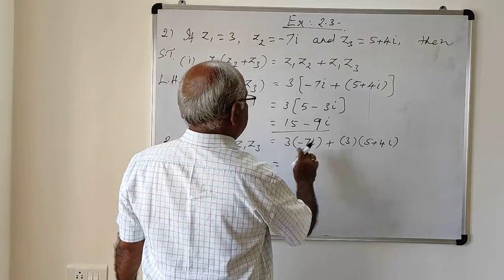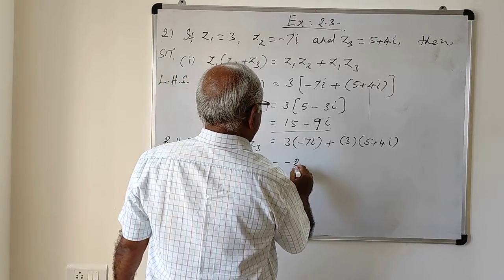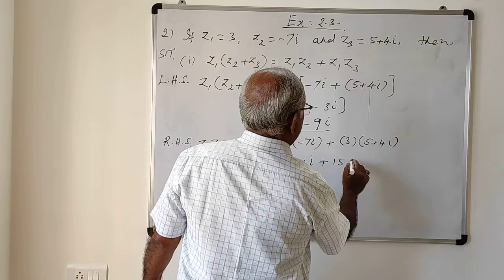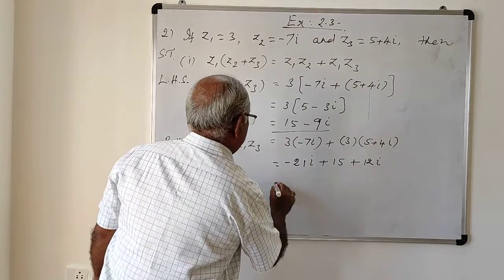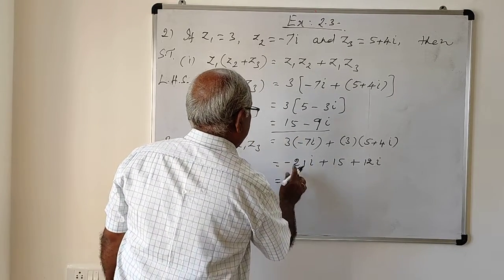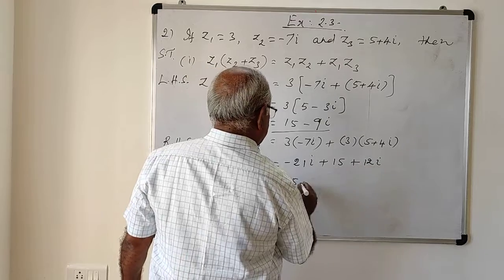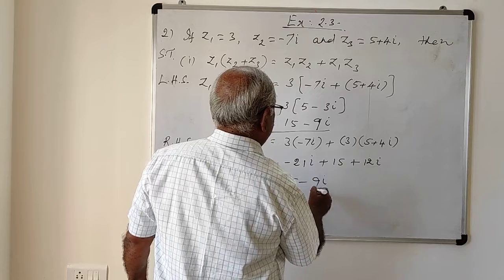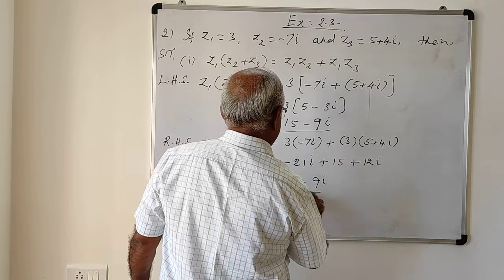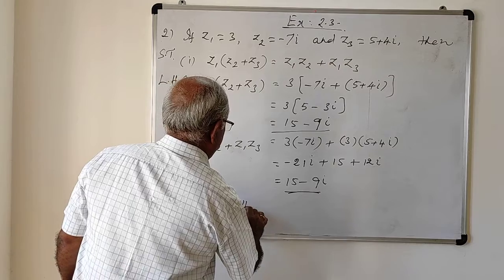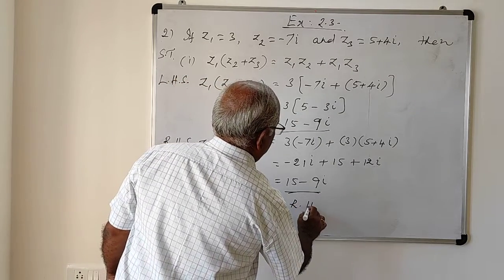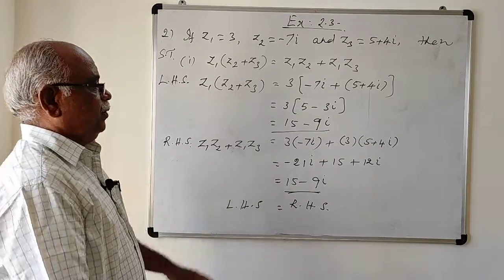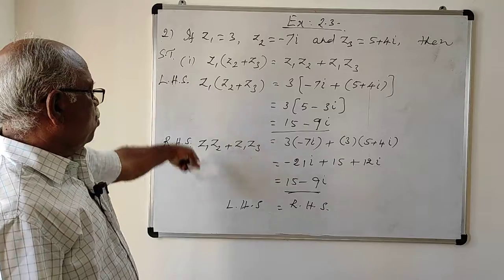That is minus 21i plus 3 fives are 15 plus 3 fours are 12i. The real part is 15, and minus 21i plus 12i gives minus 9i. See, LHS equals RHS. This is the distributive law: multiplication is distributive over addition. This is proved by problem 1.